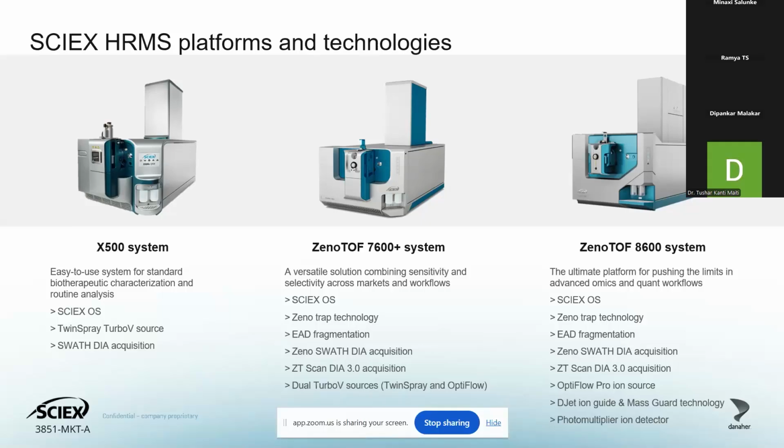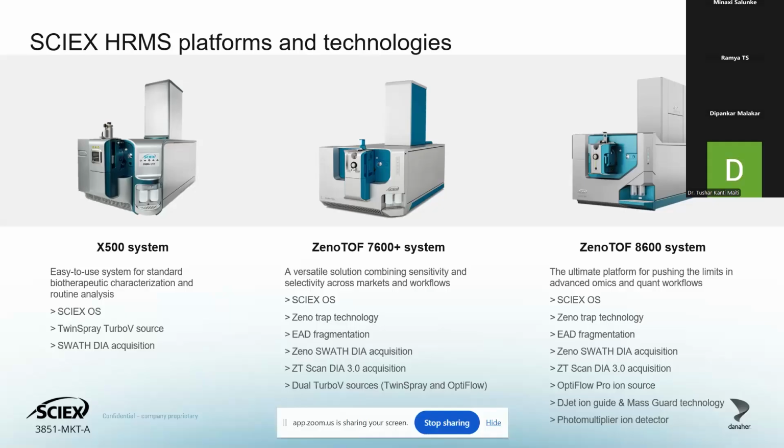The 8600 system was launched in 2025 at ASMS, and in 2026 the 8600 EVO was also launched. This system is a very high-end instrument. It offers a very high level of sensitivity at both the MS and MSMS level. Apart from this, it has Zeno trapping, EAD fragmentation, Zeno SWATH DIA, and ZT Scan DIA 3.0 acquisition.